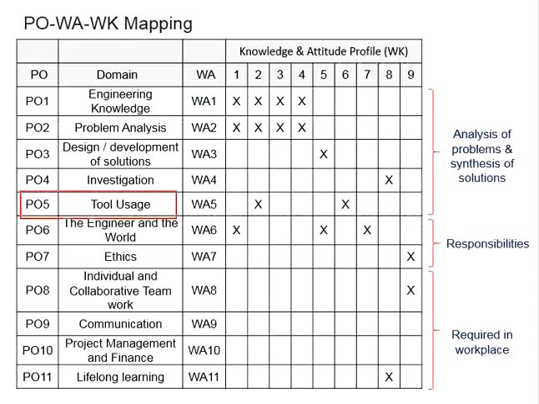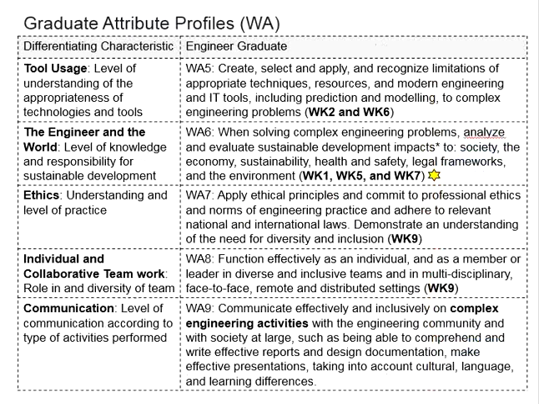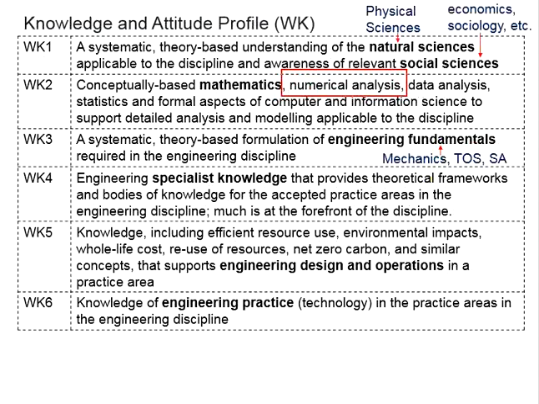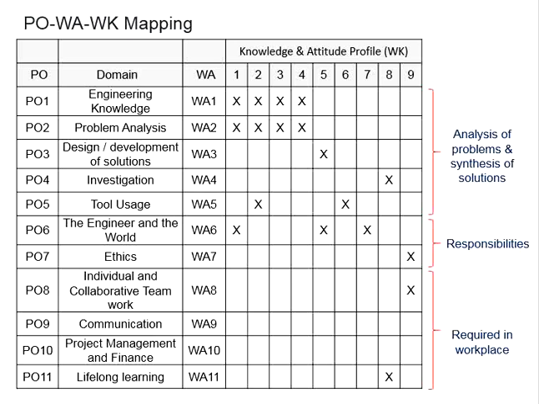Next, it will be tool usage. This is referring to WK2 and WK6, as it involves the technologies, techniques, resources, and various IT tools, and you're going to use them for numerical analysis, data analysis, statistics, information science, etc. All these are interrelated.